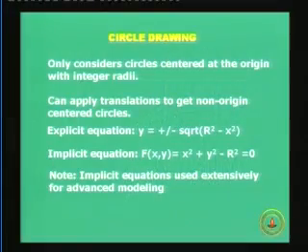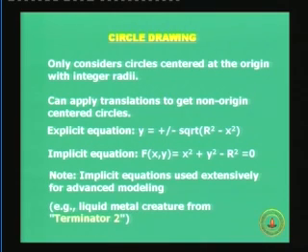Implicit equations are used extensively in advanced modeling, not only in circle drawing, and not only for curves, but for surfaces in 3D, planes and surfaces in 3D. Implicit equations are used extensively for advanced modeling in computer graphics. We will come across these equations later on when we talk about solid modeling and advanced concepts of modeling. A typical example of using implicit equations for a surface model is the liquid metal creature from the movie Terminator 2.